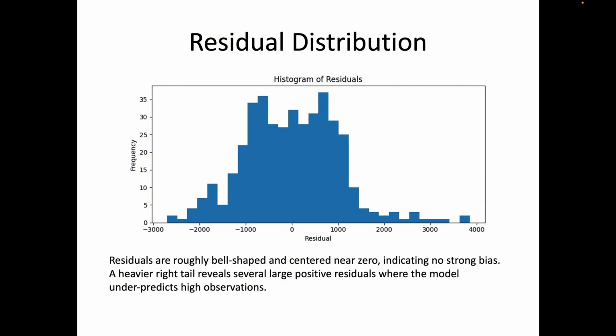So you have several large positive residuals, occasions where the model underestimates the true value, which is actually much higher than fitted. Overall it's not too bad for normality, but the right tail suggests some extreme high observations, like unusually strong months that the regression cannot explain well. So the residuals are roughly bell-shaped.